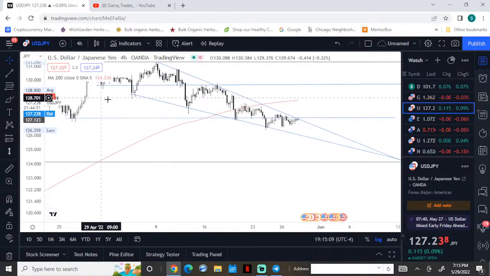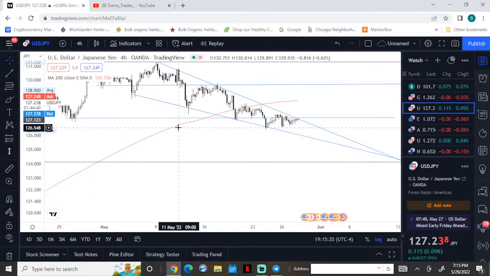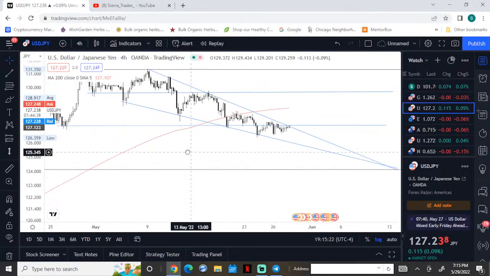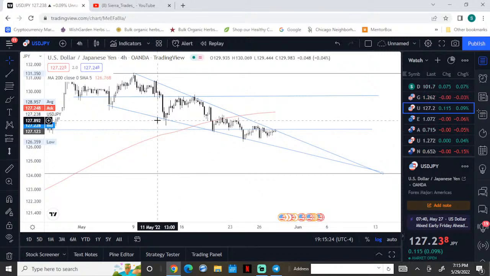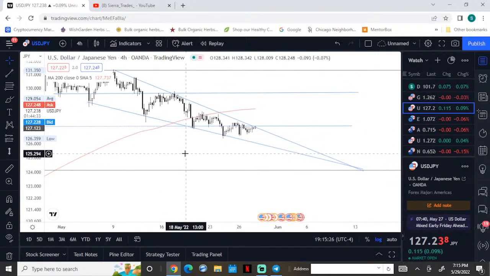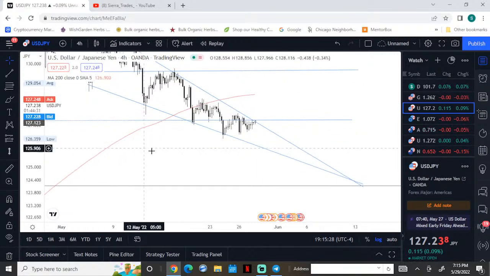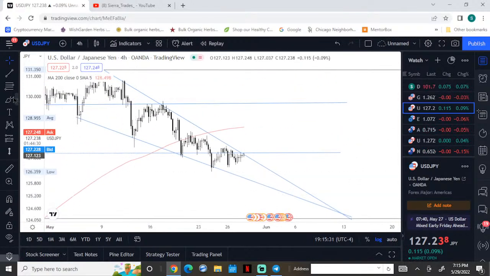I would mark this but because it's so close to this zone and I have my 200 moving average, which to me is nothing but a moving support and resistance, I'm not going to mark that zone. But then again, it's on these JPY pairs.